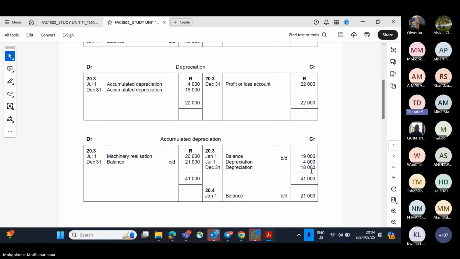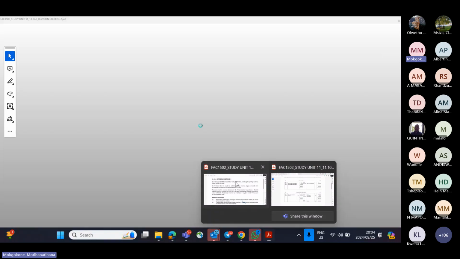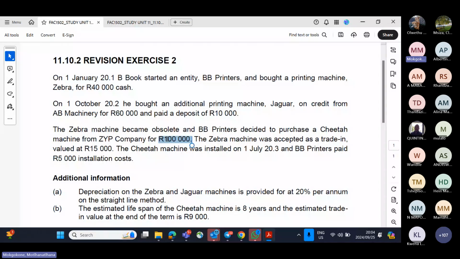And they're saying, why are we not including the machine price? Machine price where? I'm not quite sure. I think as part of the question. Because the machine price is when we calculate depreciation. We'll say cost price for Cheetah. It was how much for Cheetah? It was 100,000, the purchase price plus the installation cost.